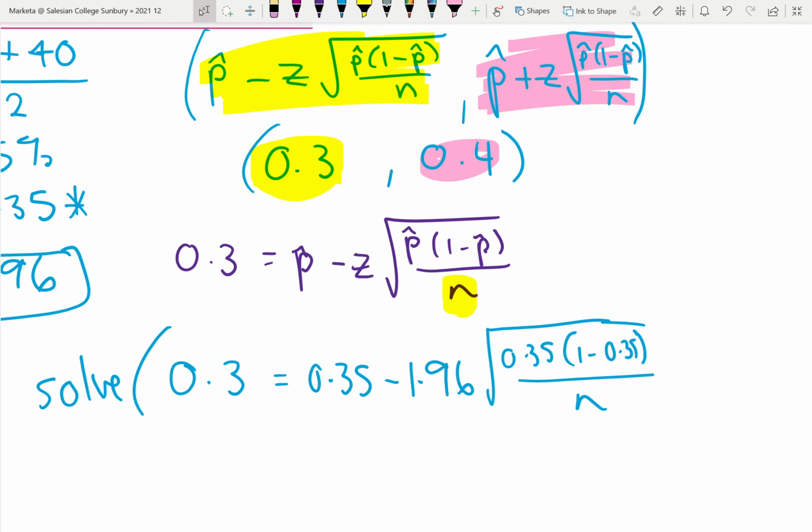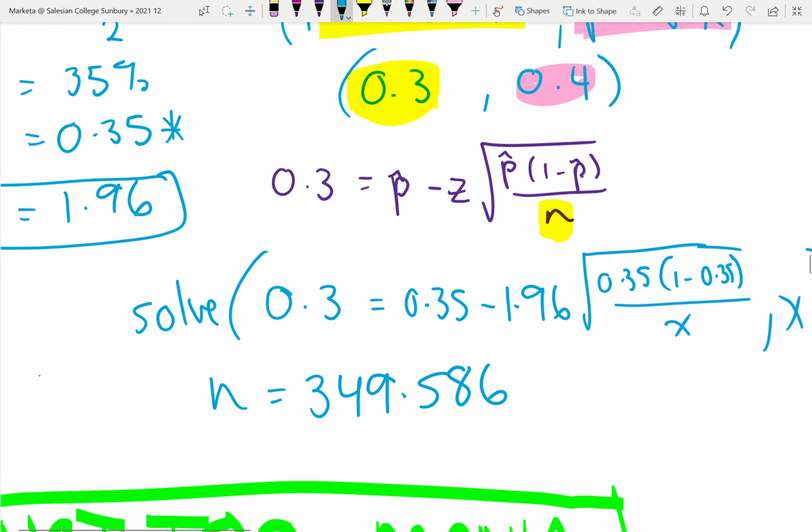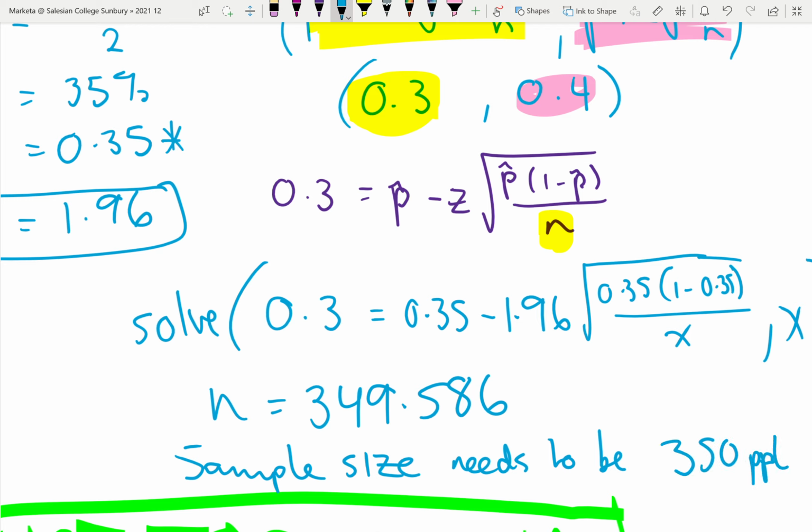And if I were you, I'd use x here, I think it's annoying to have to use n, comma x. And then it's giving me n equals 349.586. I'll round that up because you can't have 0.586 of a person. So sample size needs to be 350 people. So that's how we would find the sample size.